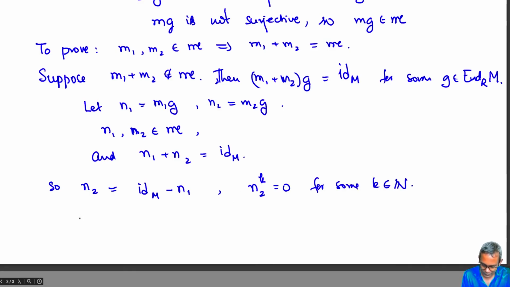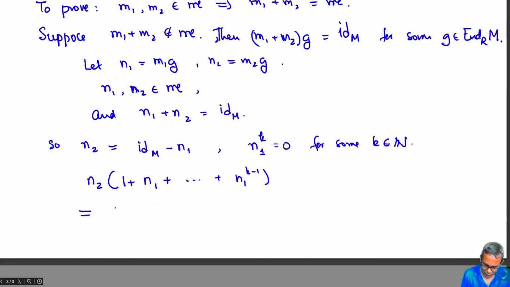Then what we have is that, taking n1 to the power k, we consider identity of M minus n1 times identity of M plus n1 plus up to n1 to the power k minus 1.